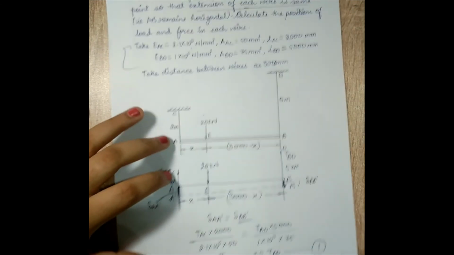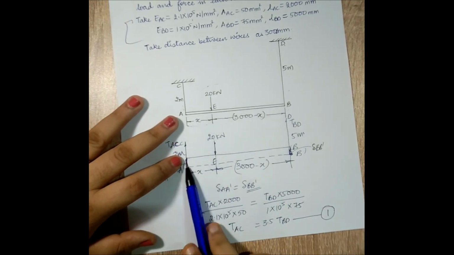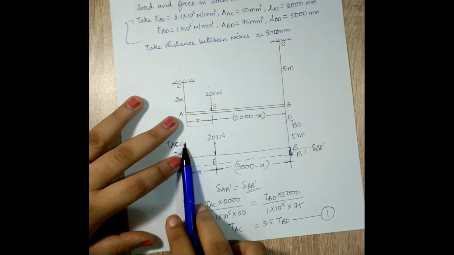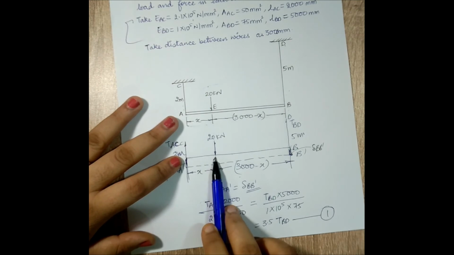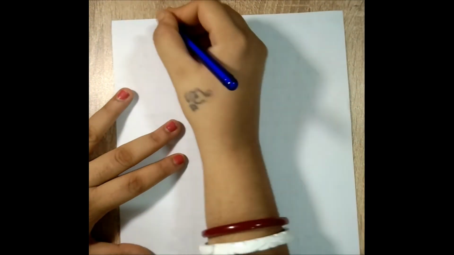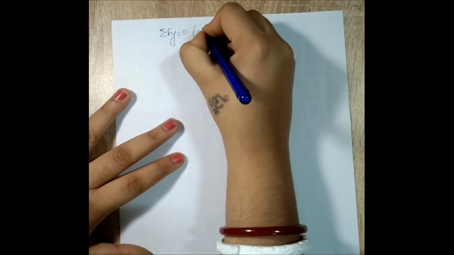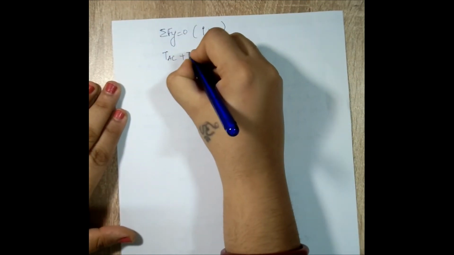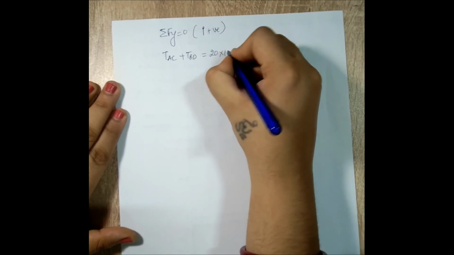first equation. Now next I can use the equation of summation of force in y direction is equal to 0. You will see TAC going upwards positive, TBD going upwards positive, and 20 kilonewton going downwards, so it is negative. So I'll write down summation of force in y direction is equal to 0. Upward I consider as positive. So TAC plus TBD will be equal to 20 into 10 raised to 3.